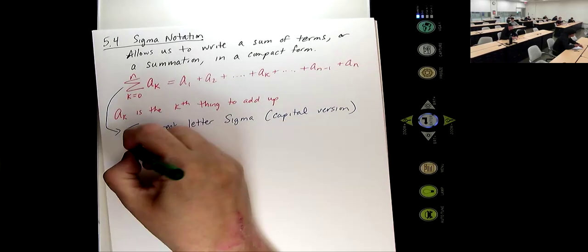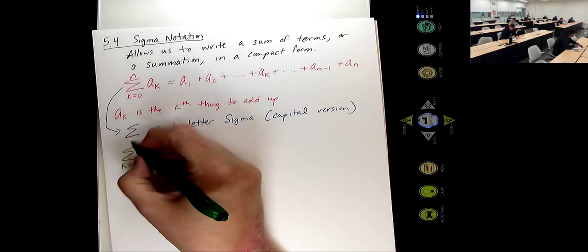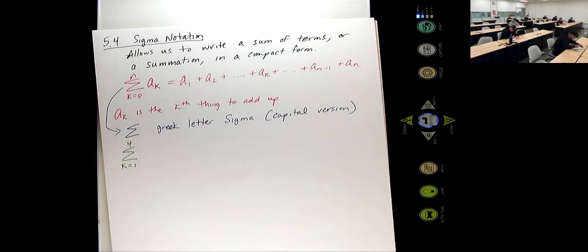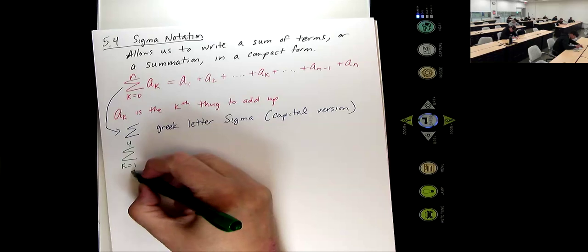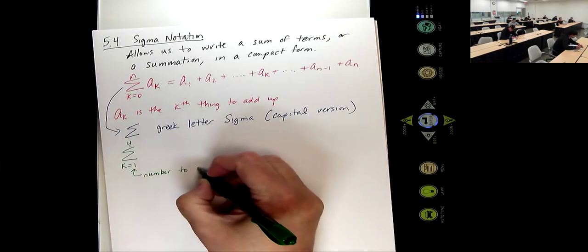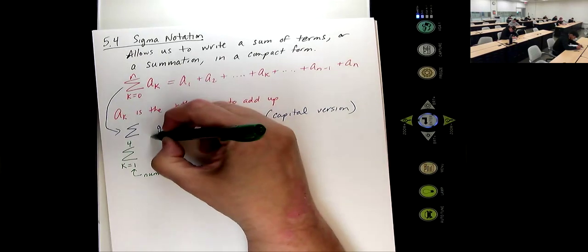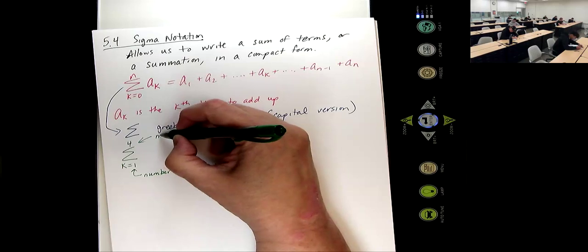For example, if I go with k equals 1 to 4, what this means is this is the number to start with, and this is the last number.